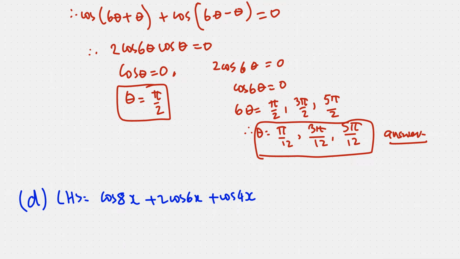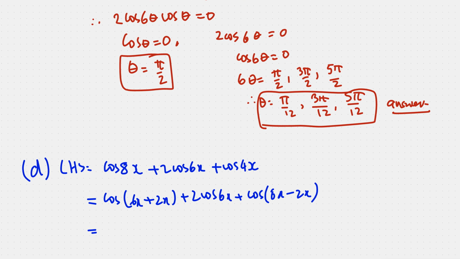So this I can write in terms of 6x, because I can group this, and this thing will remain on its own. So if I write in terms of 6x, probably it would help. So I'm going to write things in terms of 6x. So I can write this as equal to cos of 6x plus 2x plus 2 cos of 6x plus cos of 6x minus 2x.